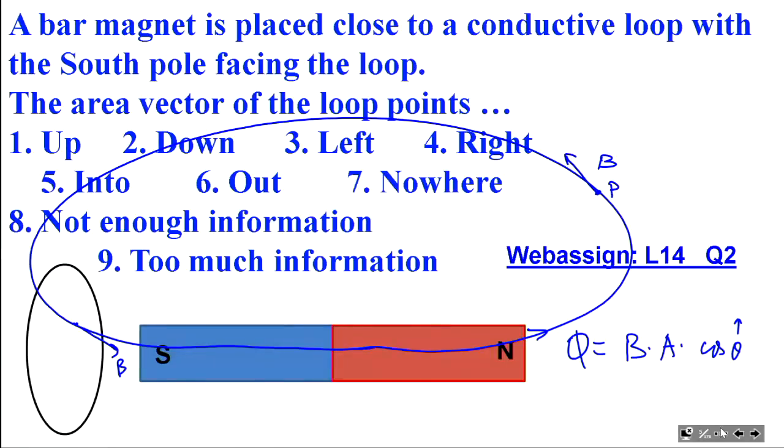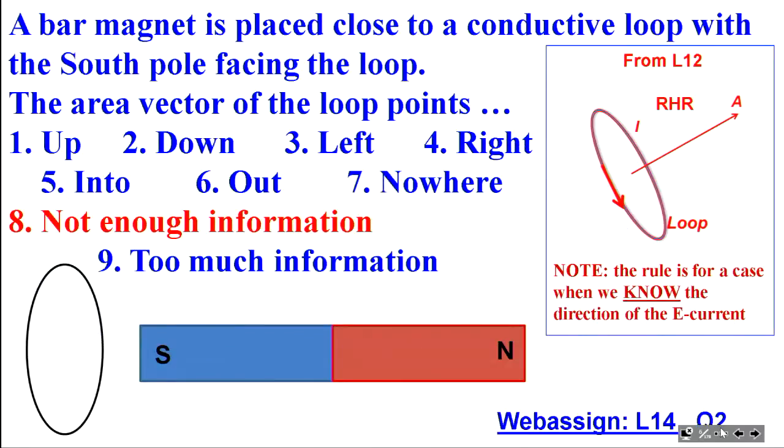When the direction of electric current is known, we use the right-hand rule. Do we know the direction of electric current? No. Maybe it is counterclockwise, maybe it is clockwise.